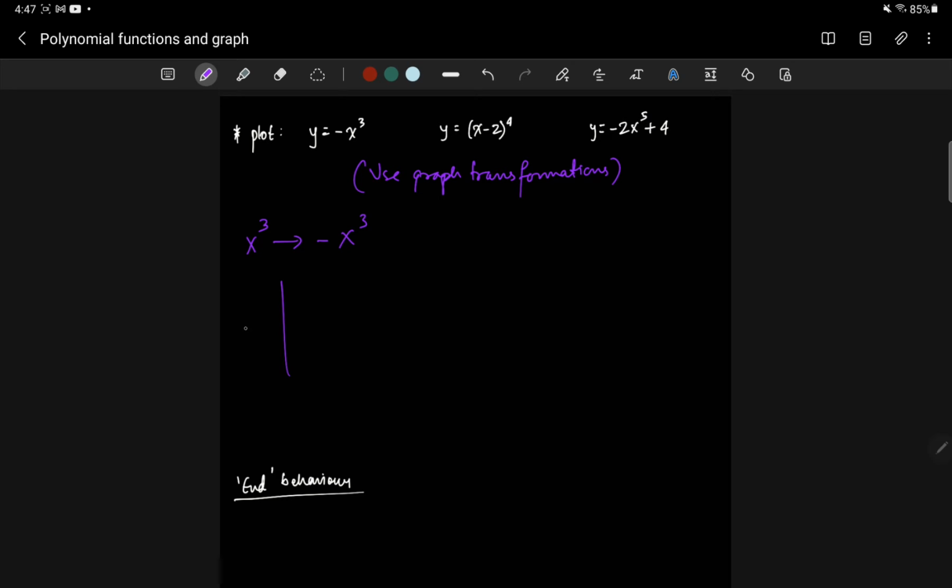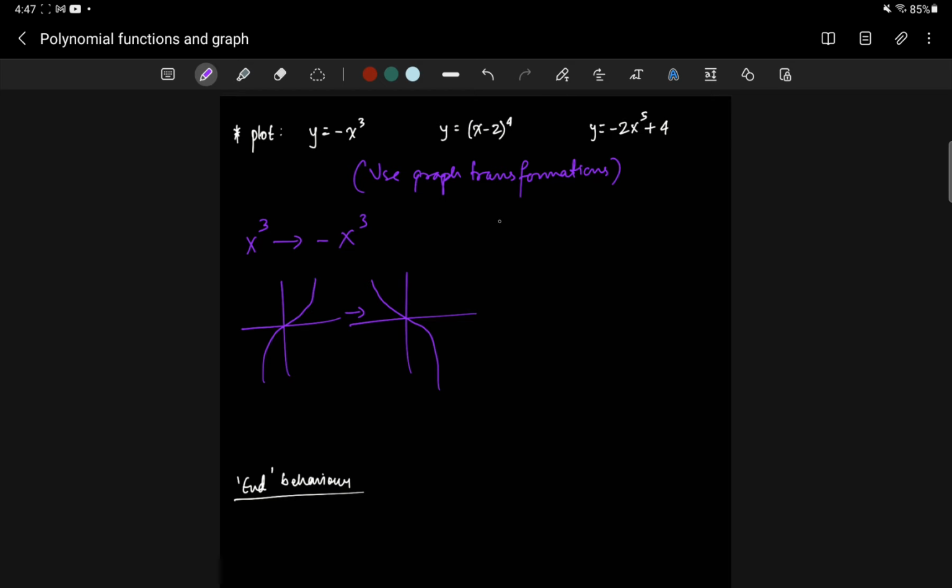Okay, so x cubed is that, and negative x cubed means you're flipping the output, right? So you just reflect along the x-axis. And in fact, in this case, you can also reflect around the y-axis, and it gives you the same result.